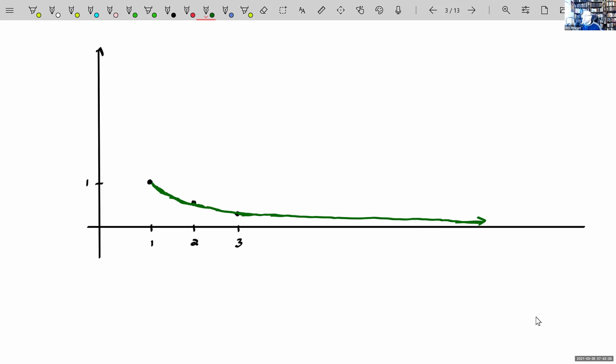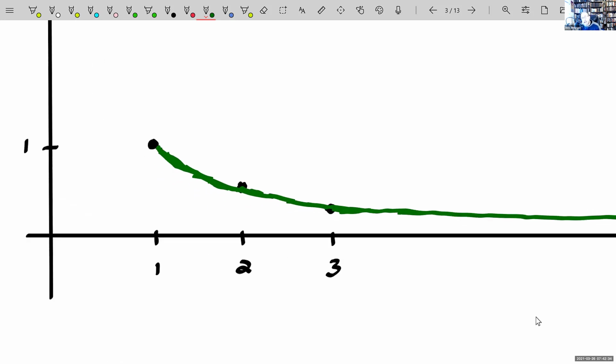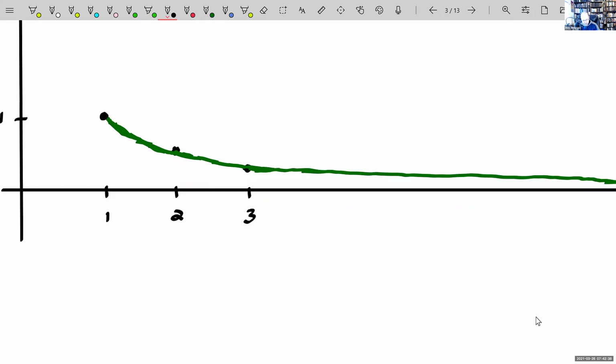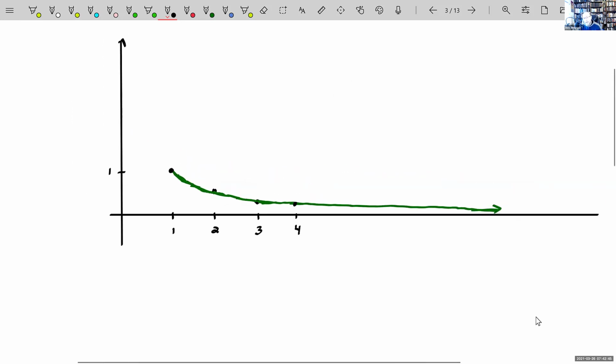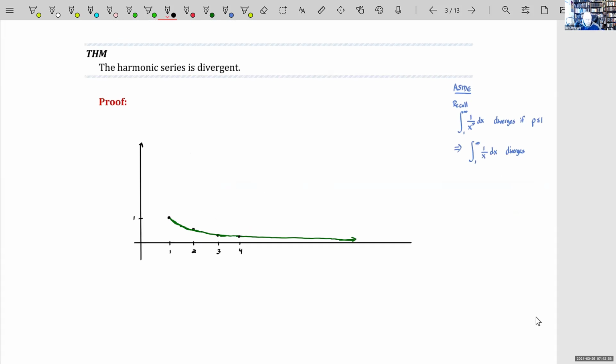So let's go ahead and take a look at some rectangles. In fact, maybe I should put x equals 4 in here just so that I can really showcase something. All right. If the area underneath that curve is infinite from 1 to infinity, and that's not an if, we happen to know that's true. Off to the right-hand side, we've actually proven that.